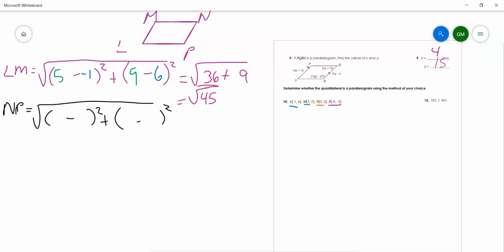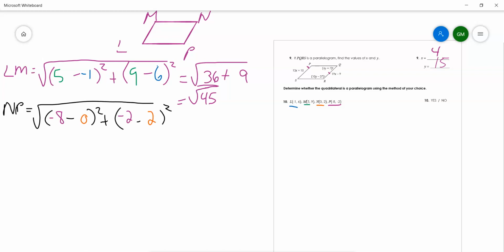So the x for P is -8, and the y is -2. And notice how I'm doing one point at a time instead of doing the x's and then the y's. It's easier to keep things a little bit straight this way.